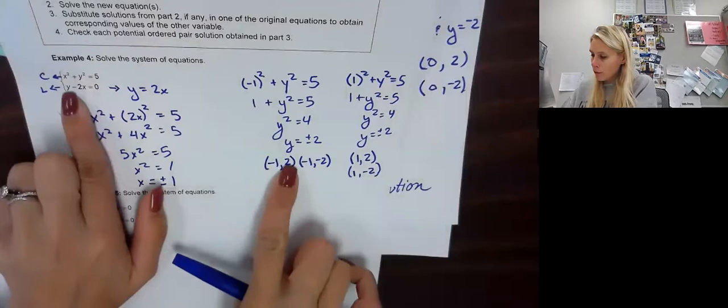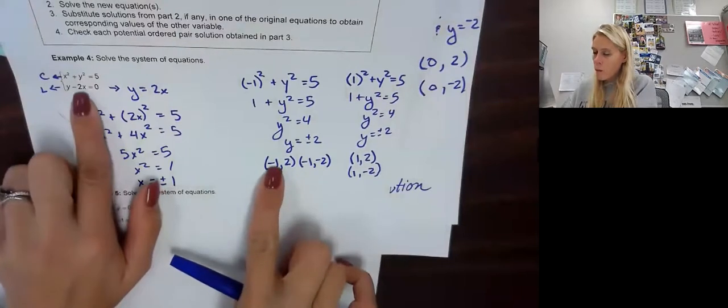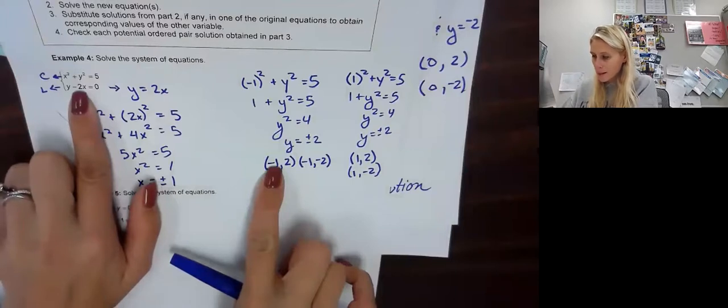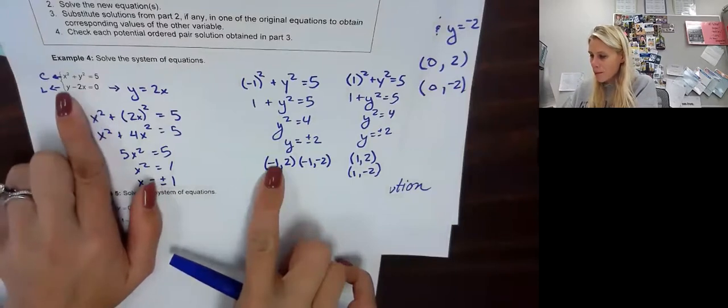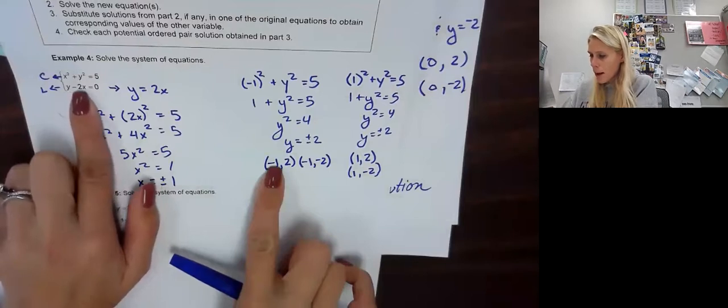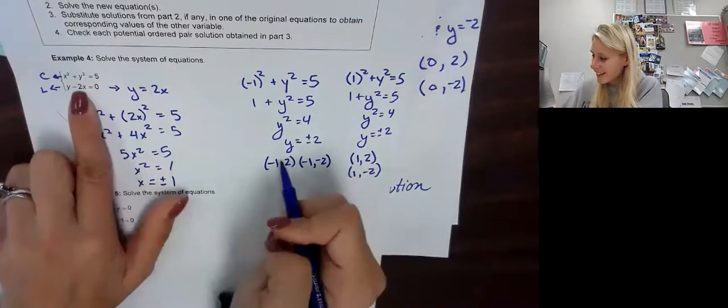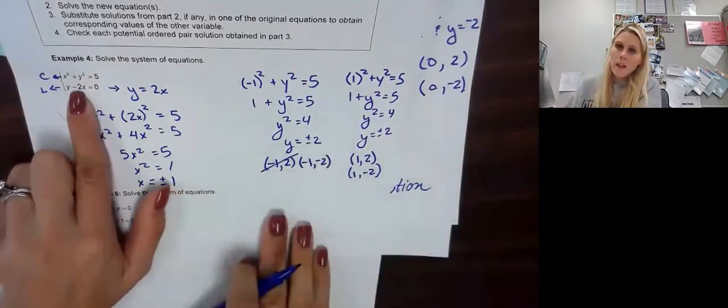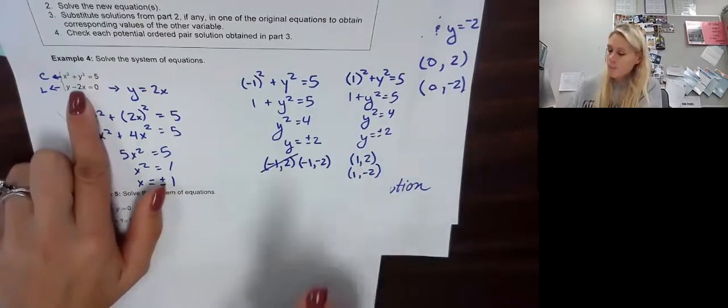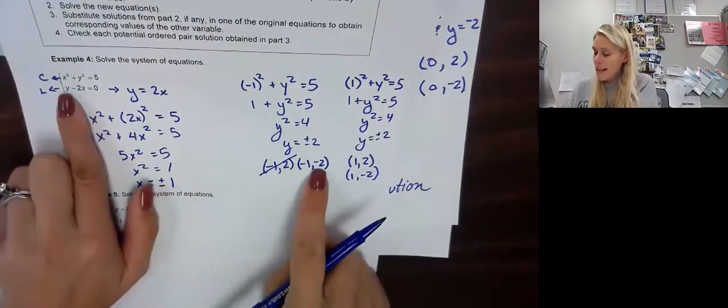If I plug in 2 for y and negative 1 for x, what happens? Wait a second. That would be 2 plus 2. 2 plus 2 does not equal 0. So that point does not work. See how it has to work for both? We can check that here.